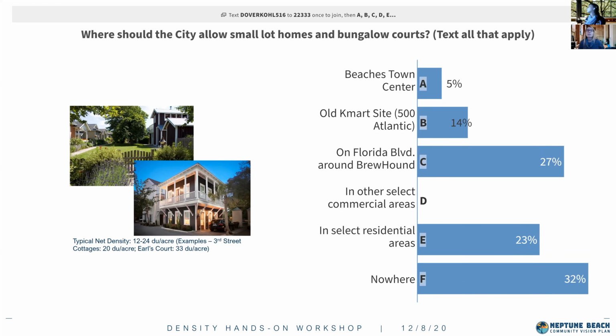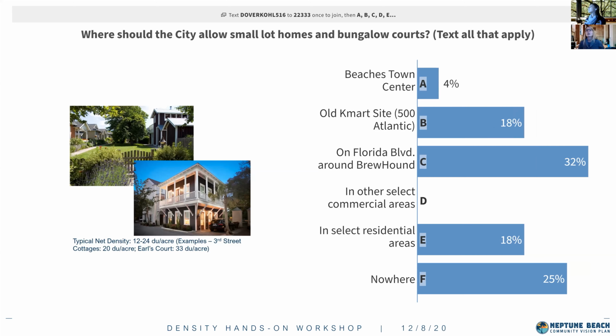And like I mentioned, these building types, a small lot house or a bungalow court, fall within a certain range of associated densities. Usually within the 12 to 24 dwelling units per acre net. There's always some exceptions, and the court example is actually higher than that. But again, it all just depends on how small the lot is.